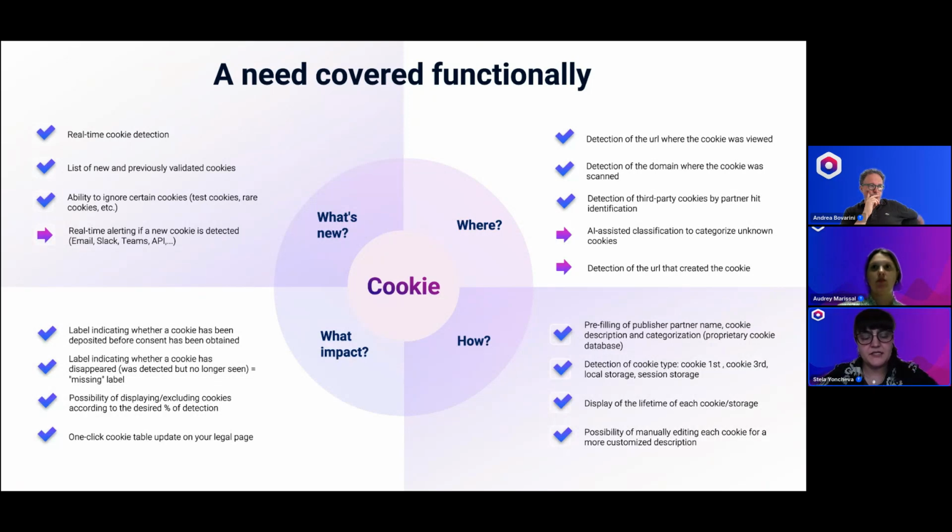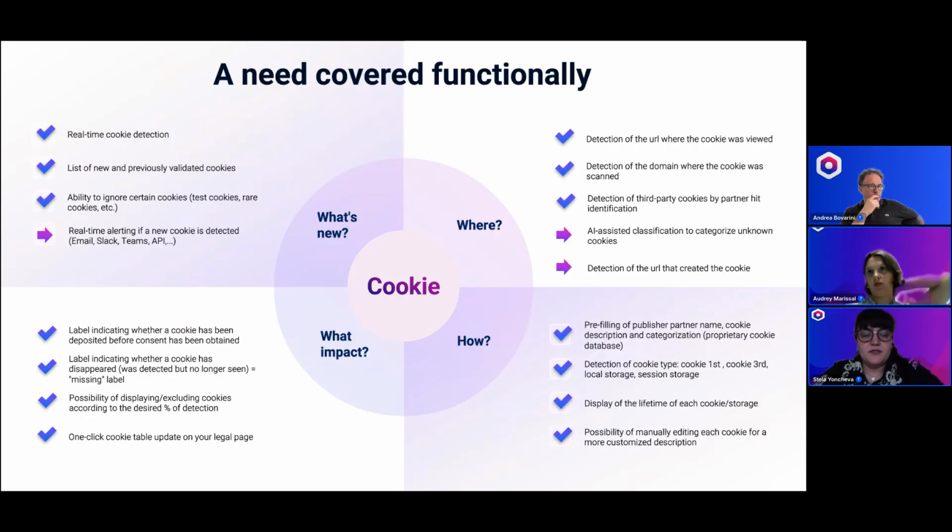What's the impact? We have labels indicating whether a cookie has been deposited before the consent or after it, which is very important. From experience, especially in Germany, we see it with our customers that the authorities actually look at whether the cookie has been dropped before or after consent. So that's also very important.